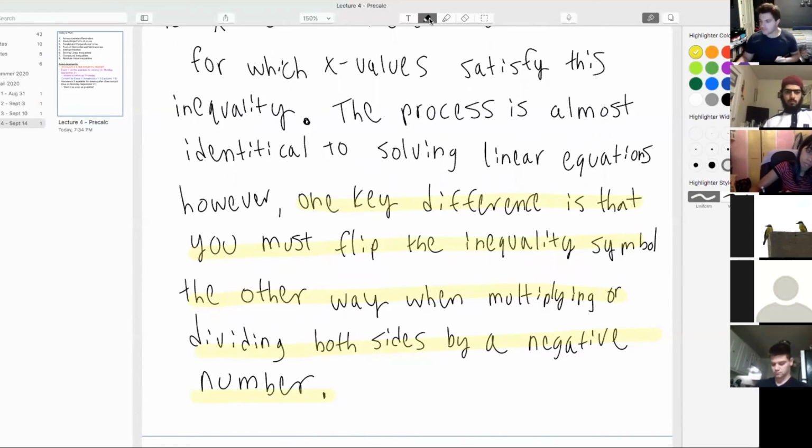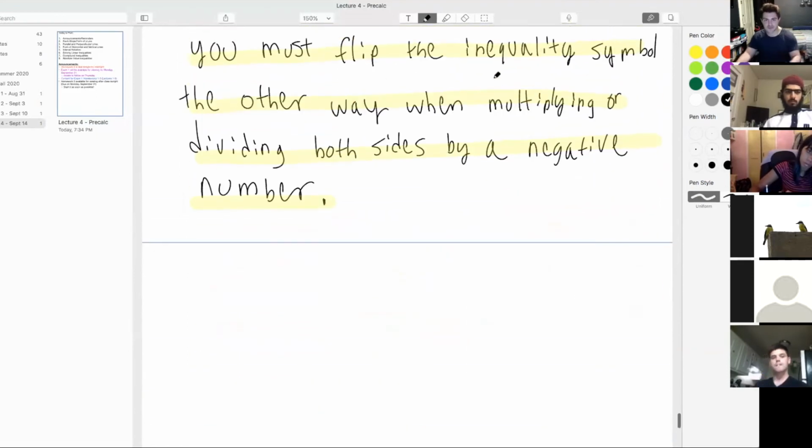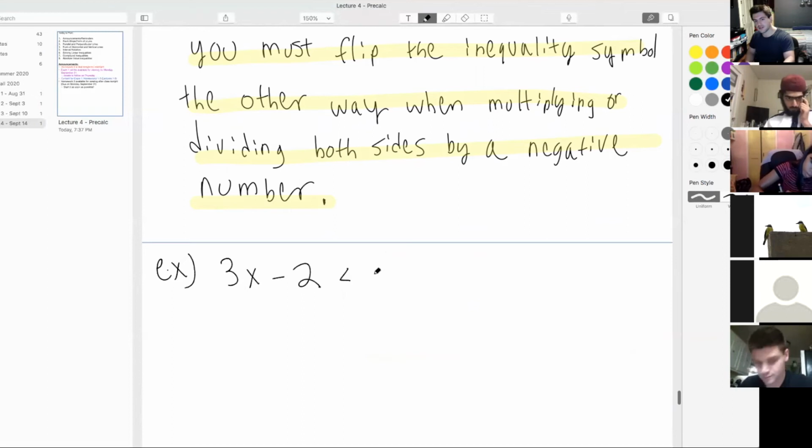Okay, so let's actually solve some of these, and we're going to express our solutions in interval notation. So let's solve 3x minus 2 is less than 1. The process is the same as solving linear equations, so you just want to isolate x.